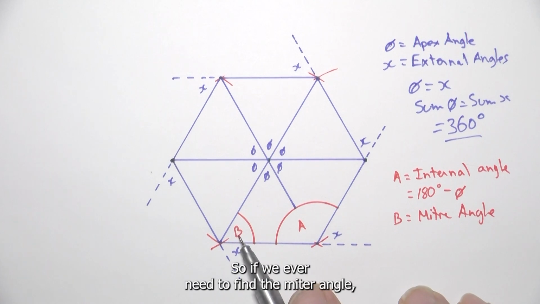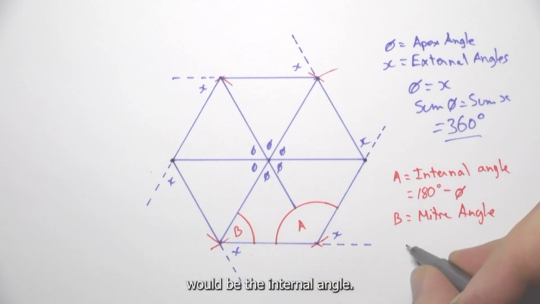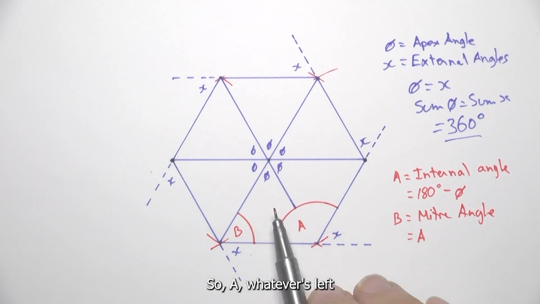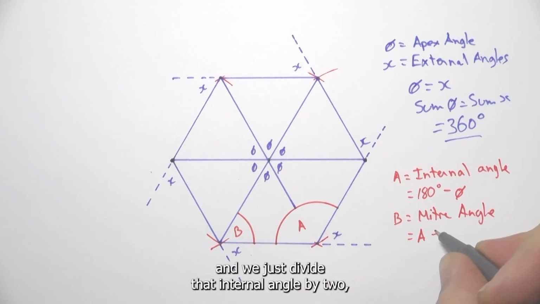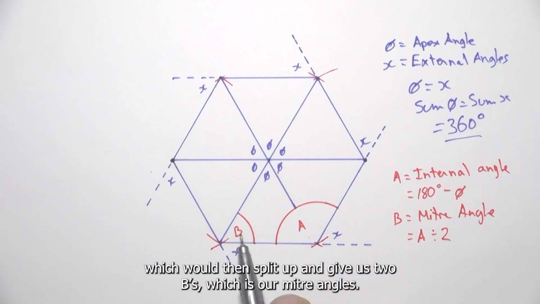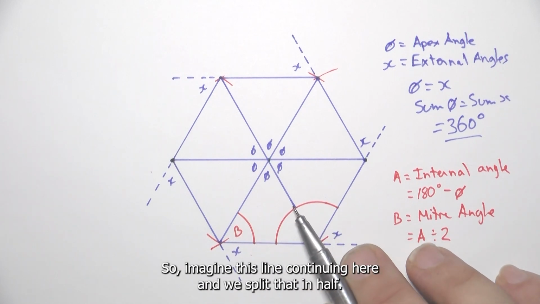So if we ever need to find the mitre angle, all it would be is the internal angle, A, whatever's left after we take the apex angle away from 180, and we just divide that internal angle by 2, which would then split up and give us 2 B's, which is our mitre angles. Right? So imagine this line continuing here, and we split that in half.